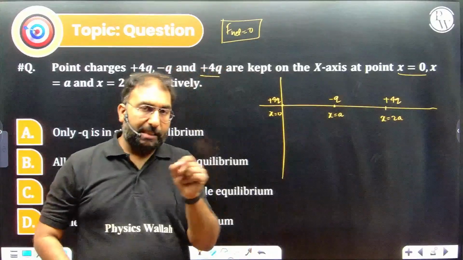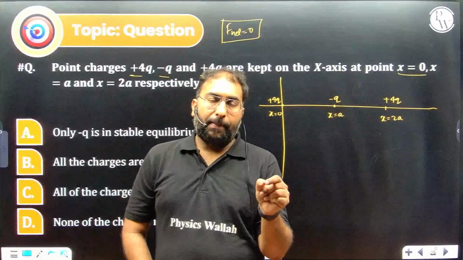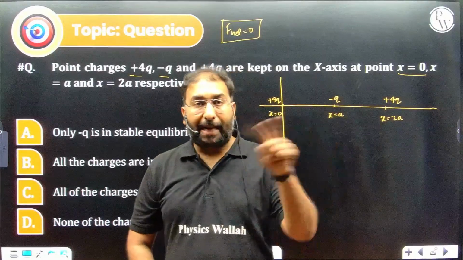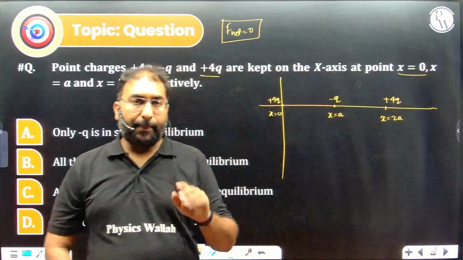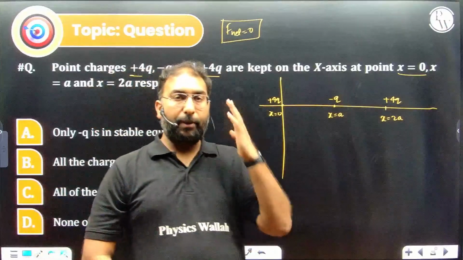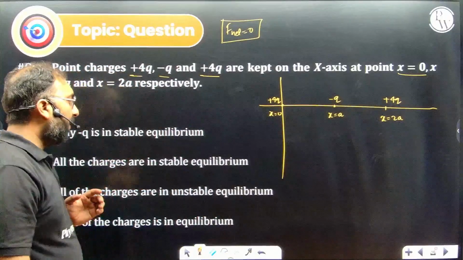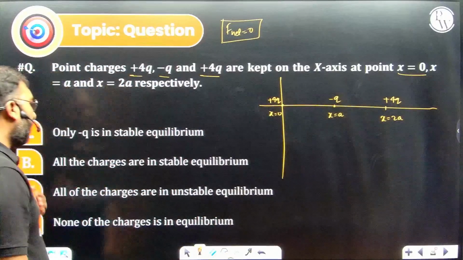And if after slight disturbance the particle goes away from the initial position and does not return back, then the particle was in unstable equilibrium. So we have to check what is the condition here.